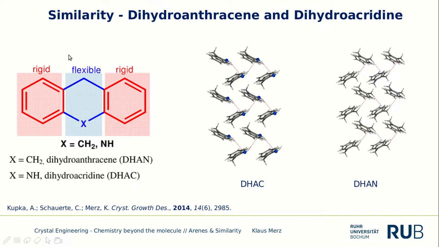Here is the structure of dihydroanthracene and dihydroacridine. The difference is only the X, a methylene group replaced by an amino group. This is exactly the same crystal packing, nearly exactly the same cell constants.